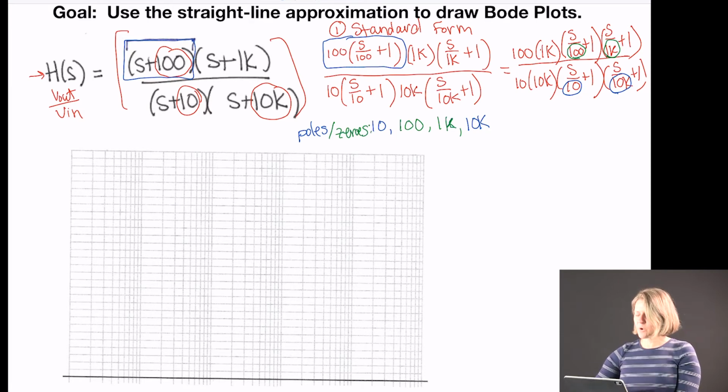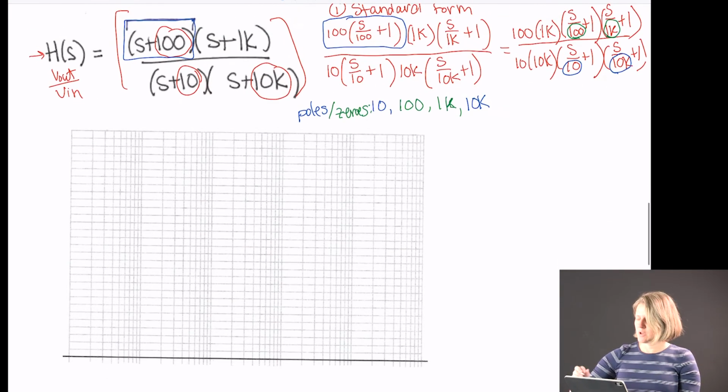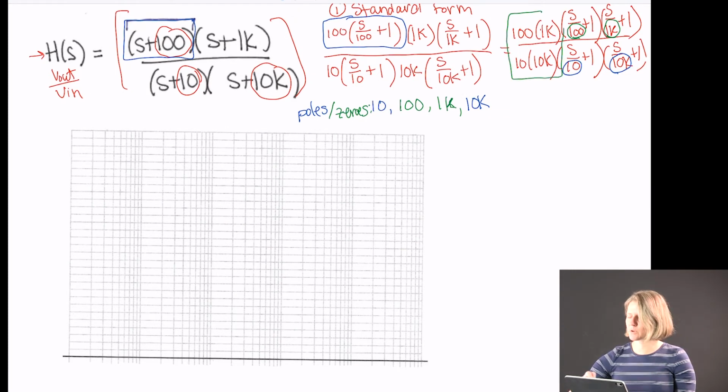Now I want to draw the magnitude, and remember that if you have no poles and zeros at the origin, you're going to take this number that's here and multiply it by 20 log base 10 of that number to get the starting value for your magnitude plot.